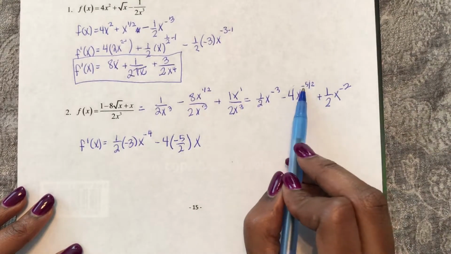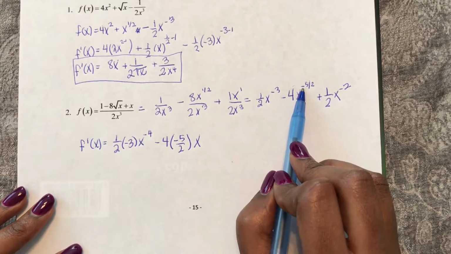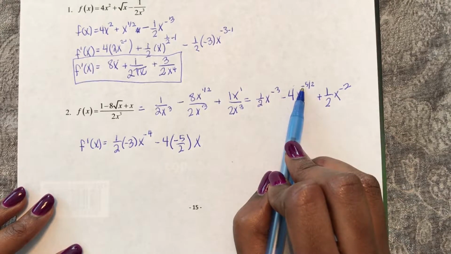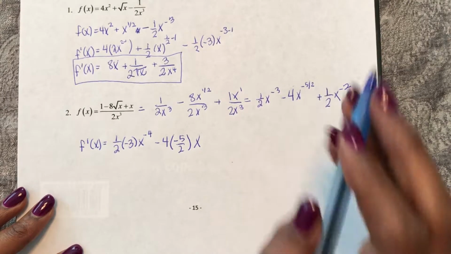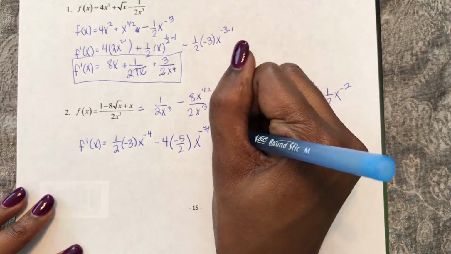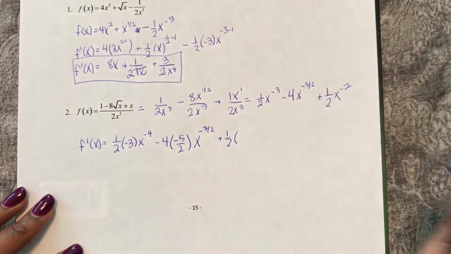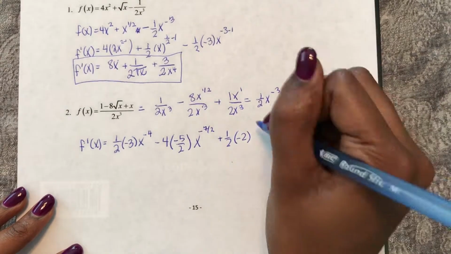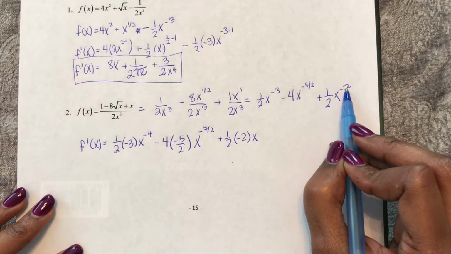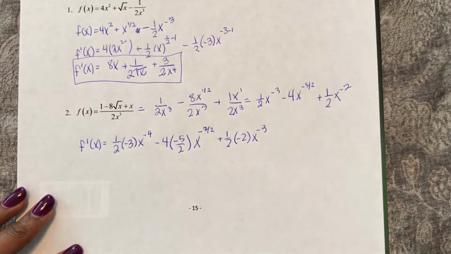X to the, well, -5 over 2 minus 1 is -5 over 2 minus 2 over 2, -7 over 2. And then this becomes 1/2 times -2 x. -2 minus 1 is -3.